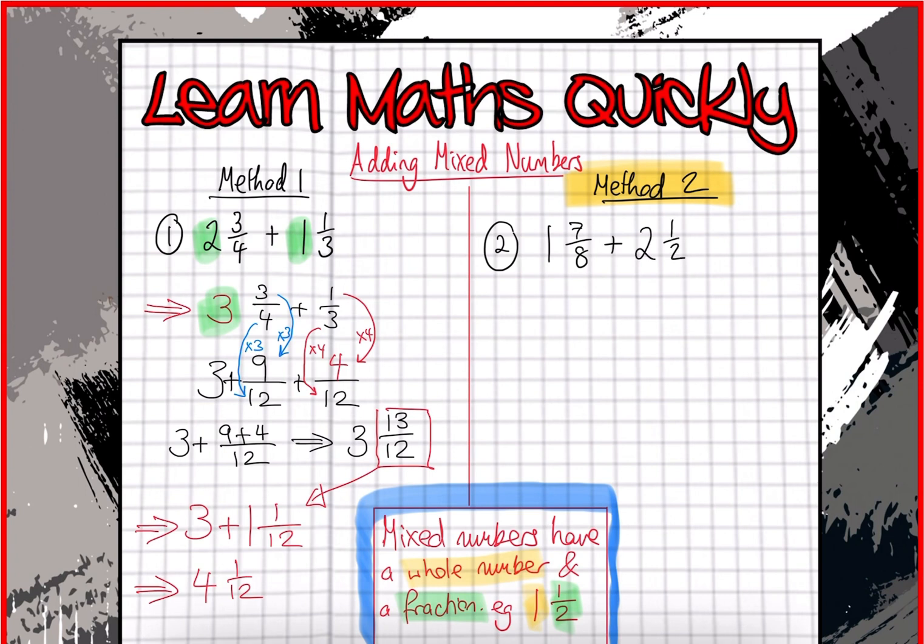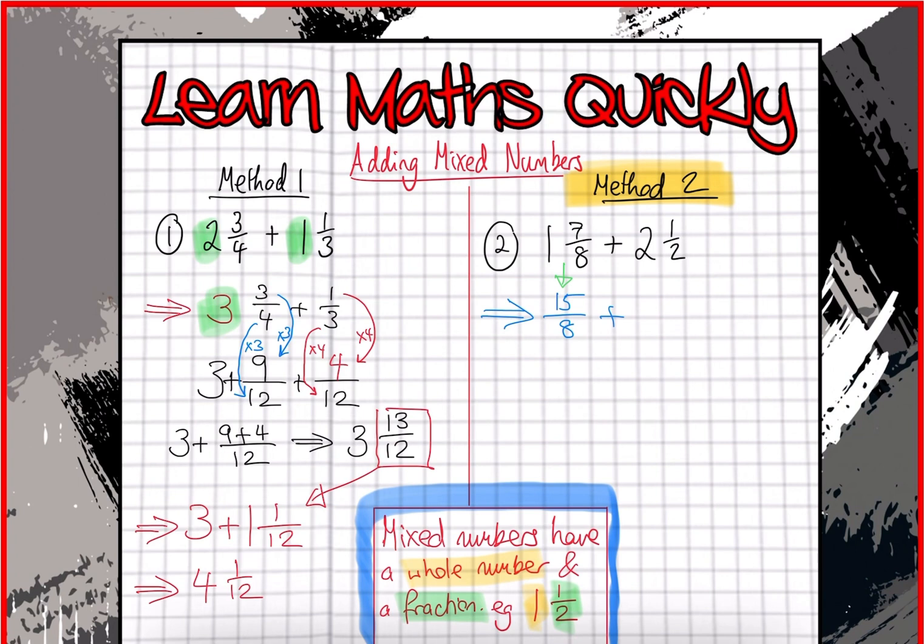So instead of adding the whole numbers 1 and 2, we're going to look at 1 7/8 and think, how can I turn that into an improper fraction or a top-heavy fraction? Well, 1 is the same as saying 8/8. And then we've got 7/8 as well. So we've got 8/8 plus 7/8, which makes 15/8. So that is what 1 7/8 turns into.